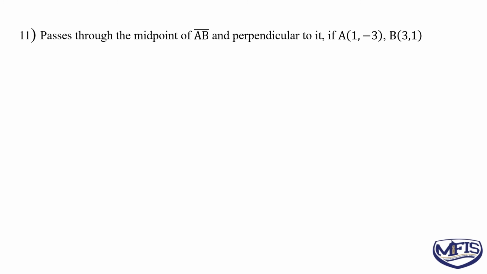Passes through the midpoint of AB and perpendicular to it. So we can find the slope of the straight line AB by using the rule: 1 minus negative 3 over 3 minus 1. So it will be 4 over 2, which is 2. So the required slope will be negative 1 over 2.